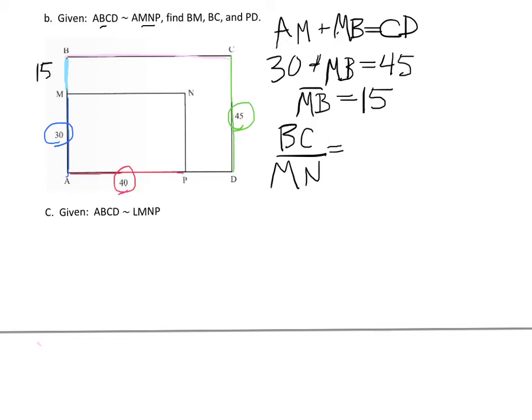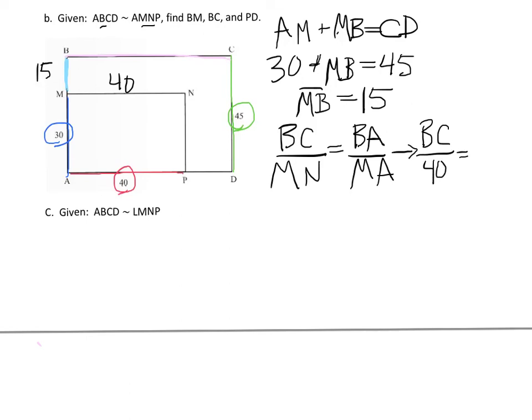If BC and MN are the lengths, I can think about the widths. So I can do the big width, which is BA, over MA, the smaller width. And I can set those up with what I know. So I'm solving for BC, and I don't know what that is, but I do know MN is also going to be 40, because AP is 40, and it's a rectangle.